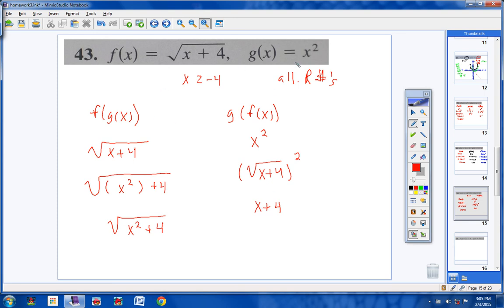Again, you have to look at what you have up here and compare the two, where they intersect, of your two given functions. So the domain, once again, for this is going to be x is greater than or equal to negative 4. Okay? Alright, moving on. Here we go.